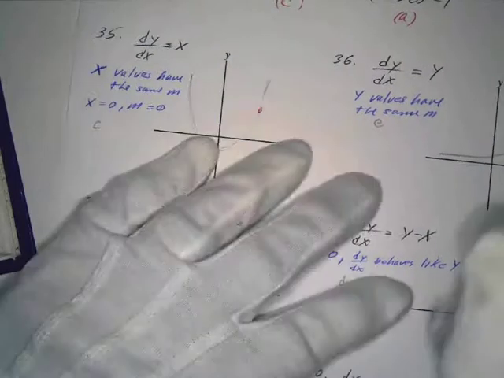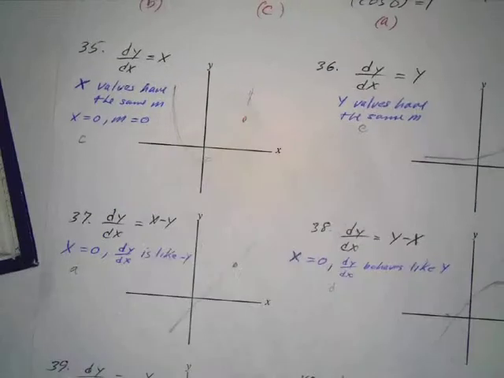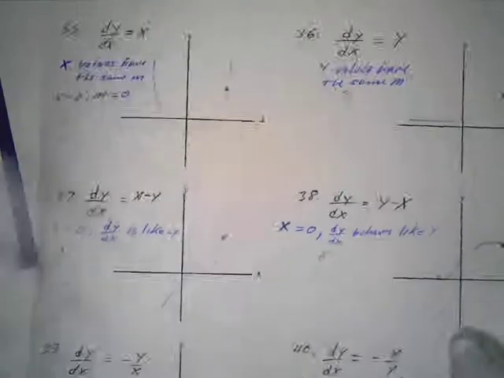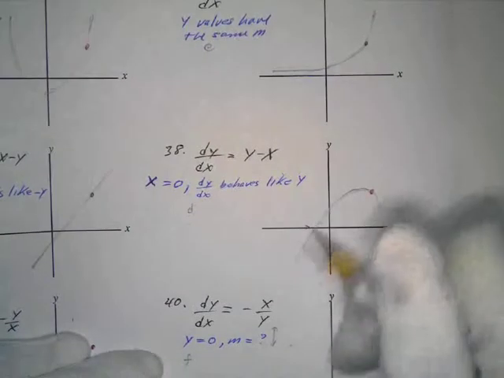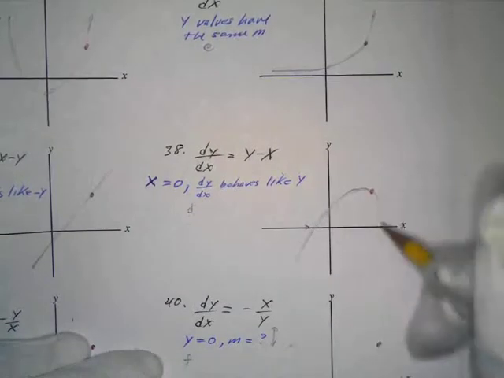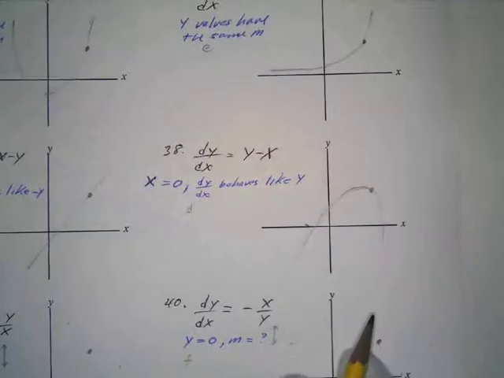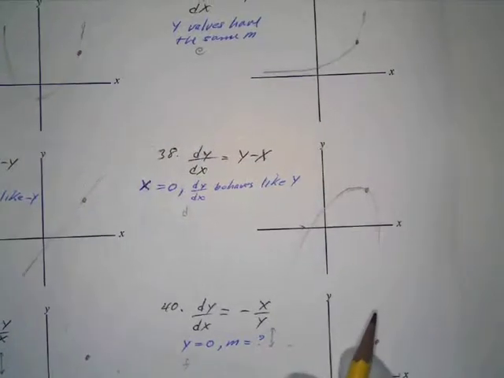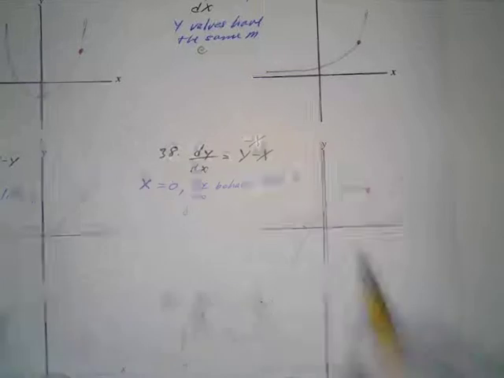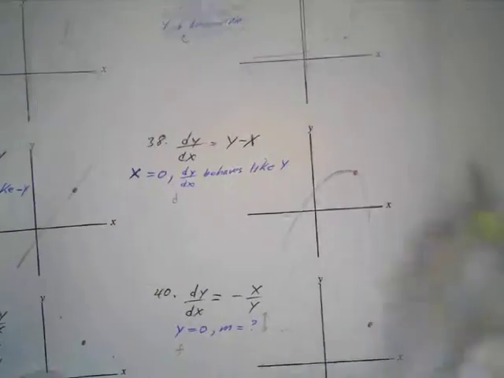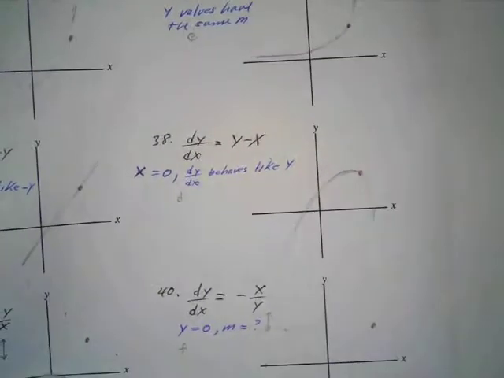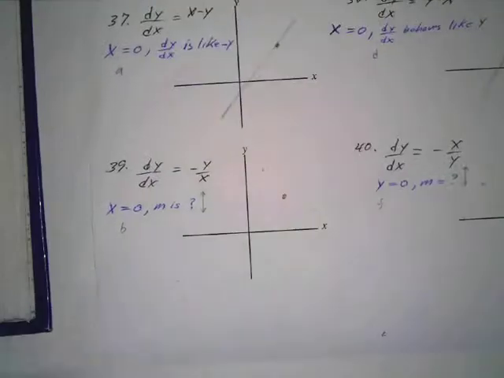These are all a family of curves, and we're just trying to get the particular solution that goes through our point. So something like this. Okay. That would be pretty much acceptable. Okay. And then over here, this is letter B.